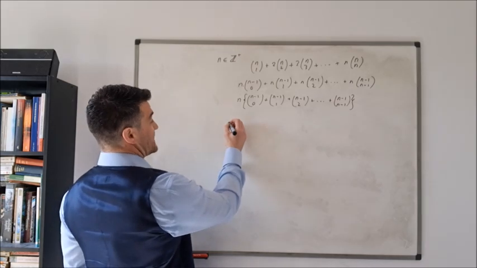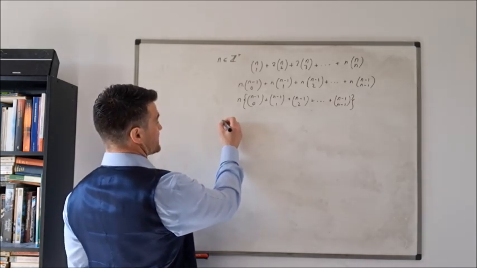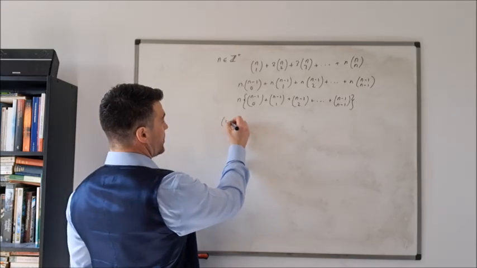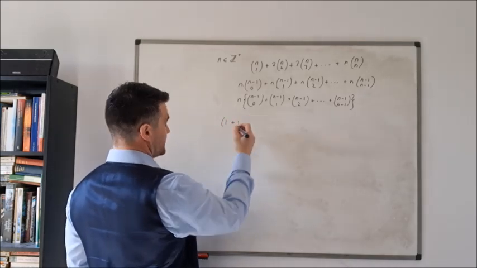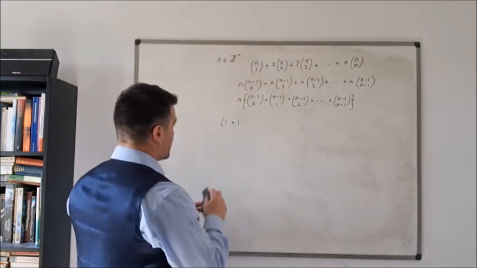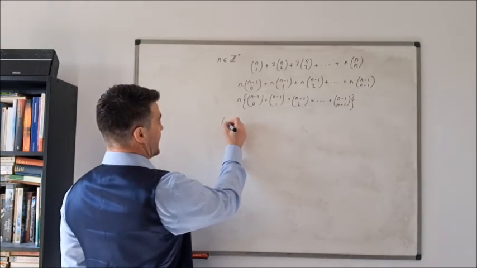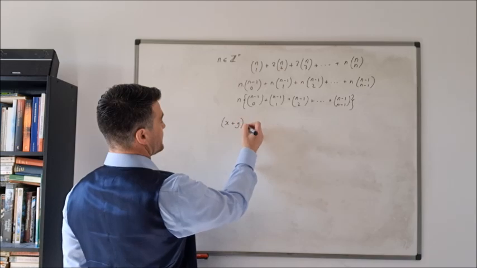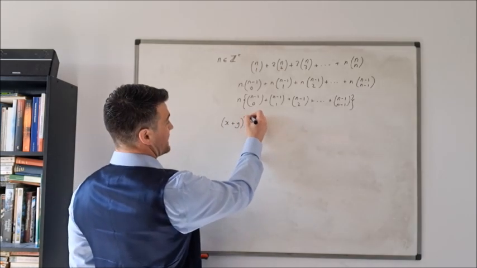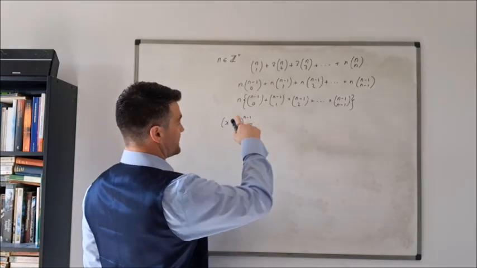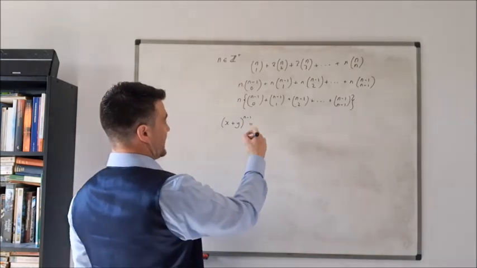So, for example, let's say I've got the binomial expression, let's not make it so clumsy, (x plus y) to the power of n minus 1. What is the expansion of this in terms of binomial coefficients?